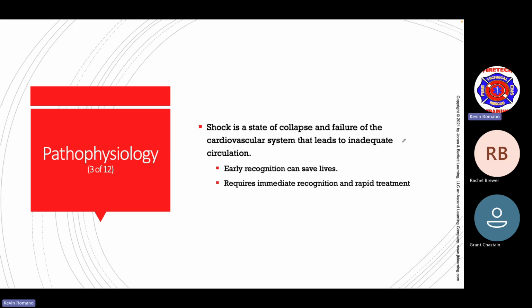So why am I bringing up all these numbers? Why is it important for us to understand this? Well, our not so normal saline that we carry on the ambulance, sodium chloride, has a pH of 5.5. That's low. If you have an already acidotic patient and we're giving a more acidic fluid, it's not going to change what we're looking to change, to meet that homeostasis, that hemodynamic stability.